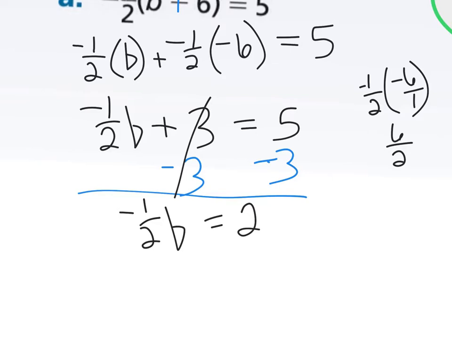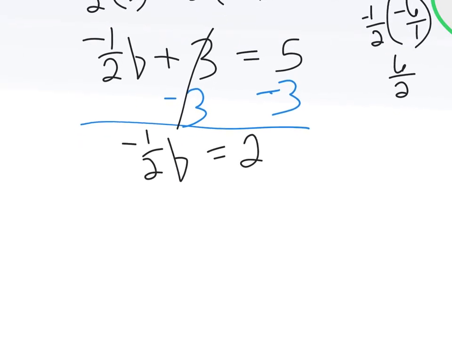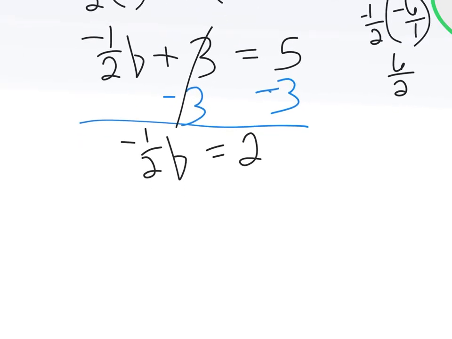And then one last step, we can see they're multiplying by negative 1/2, so we divide by negative 1/2. Occasionally I see people, instead of just dividing by negative 1/2, divide by negative 1/2 b in this case. Remember, the b we want to keep there, just the negative 1/2 we want to get rid of.